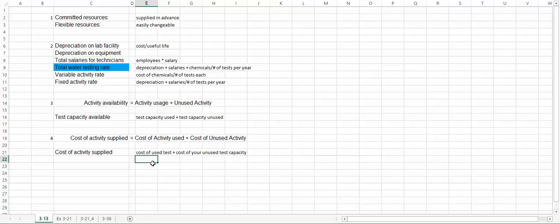So you're going to have that amount, say it's $4 times your test capacity, which is 100,000 because that's what the problem tells you. Say your unused was 50,000 or your used was 50,000. So that is how you figure out the cost of used. The cost of unused in the scenario I gave you would be the same amount. So that's how you do 3-13.